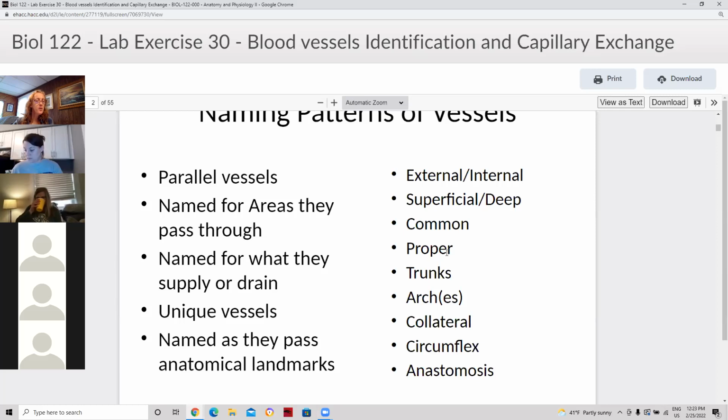And then we have a proper hepatic vessel, meaning that it's directly going to the liver. It's the direct one at that point. Trunks are kind of like common, like your pulmonary trunk. It splits off into your pulmonary arteries. So trunks mean they're going to split, just like a tree trunk splits into different branches.